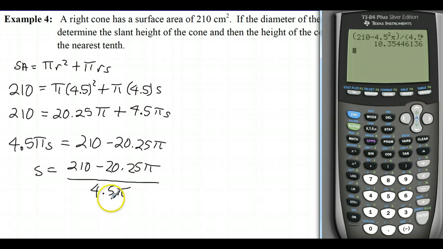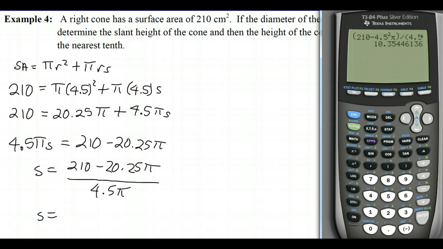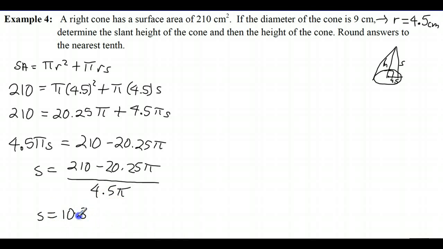Hit enter, because we want to keep that number. S equals 10.35446... dot, dot, dot. That's how we're going to show, hey, look, I didn't round it. Okay, I will when it comes down to it, but it's not yet.